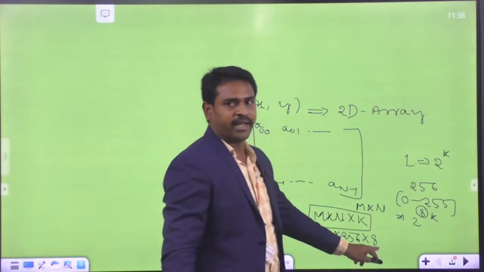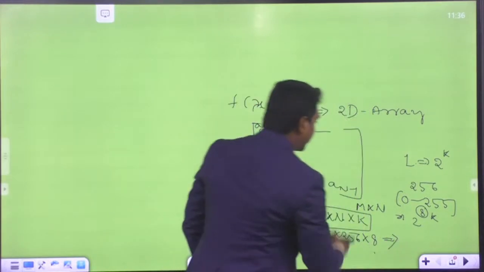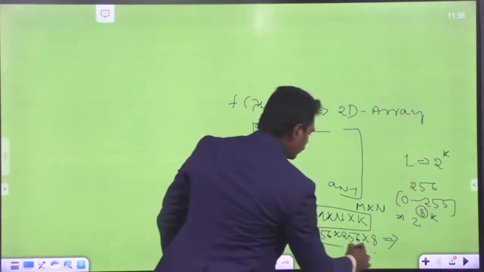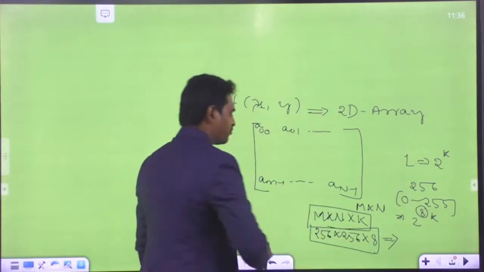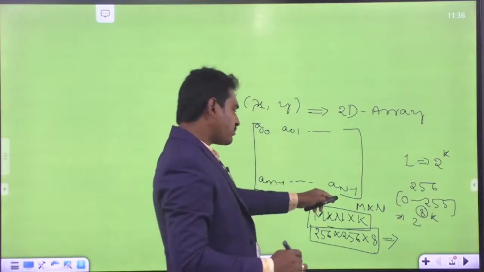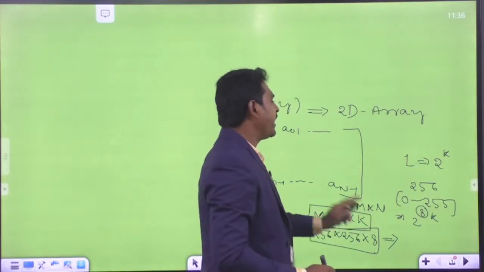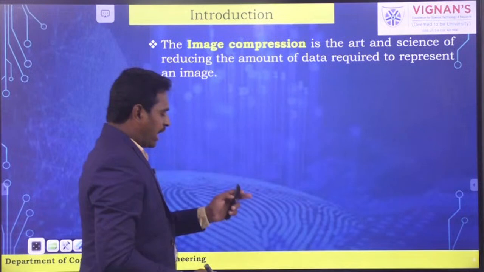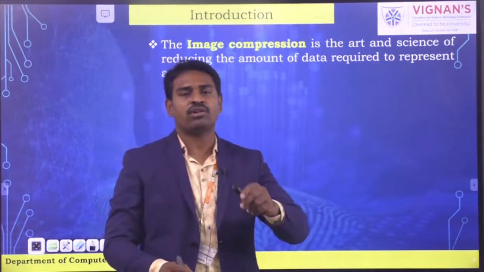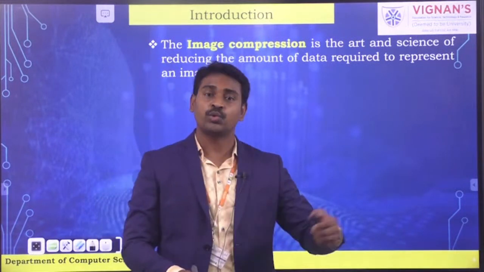Therefore, the amount of information in the given image is 256 into 256 into 8. So this is the information available in an image. Now our task is to reduce the amount of data required to represent that image.